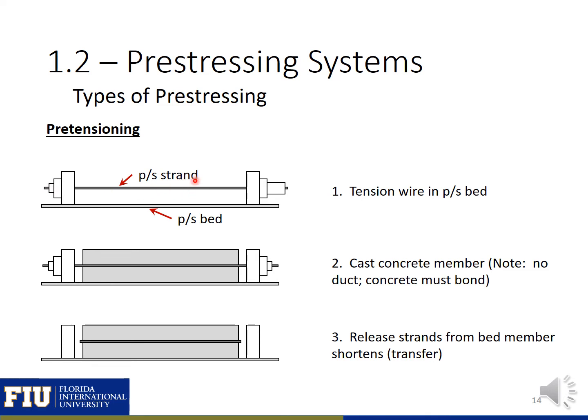So, when you put the stress in the strands using a jack here at the end and an anchor on this side, that stress in the strand needs to be resisted by something. So it's either resisted by the end block or by a self-stressing form.